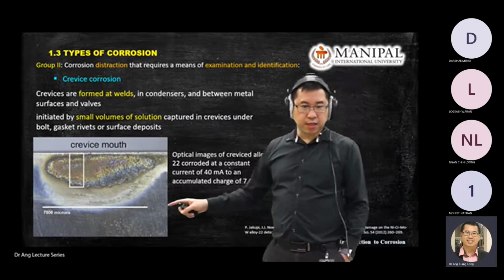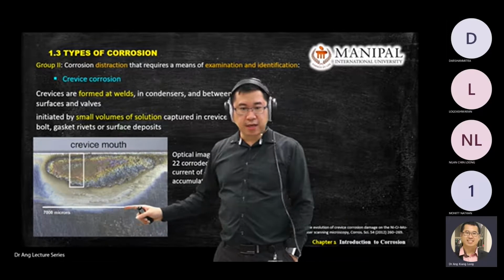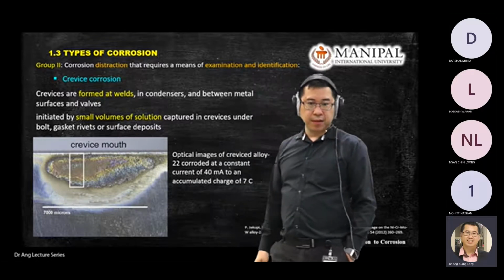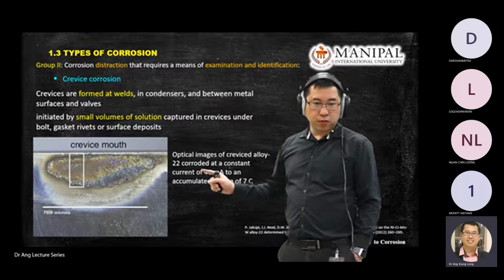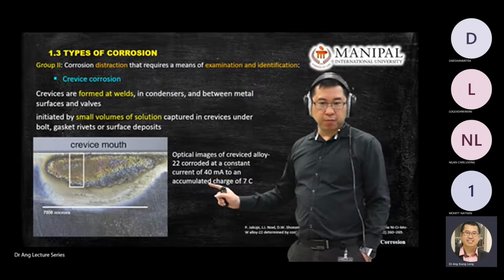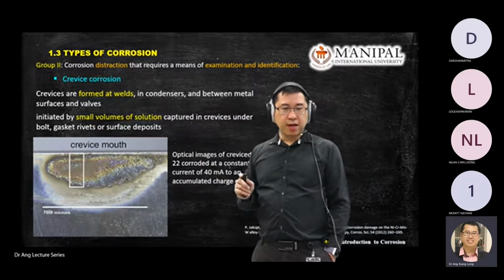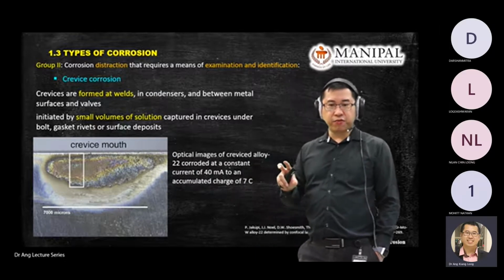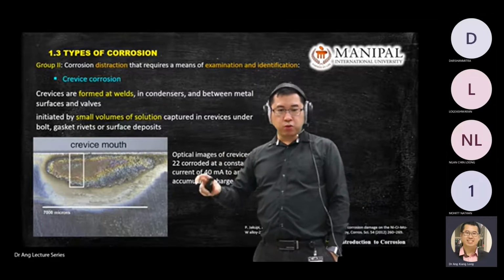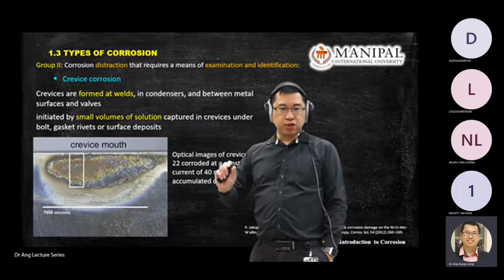As you can see here, this is another example, and this is under 7,000. The size of this crevice is 7,000 micron, very small, right? This one is alloy 22, with a current of 40 milliampere accumulated at 7 Celsius. When you do welding, you change the state of the metal from solid to liquid, and when you cool down to room temperature, the liquid form of the metal becomes solid again.